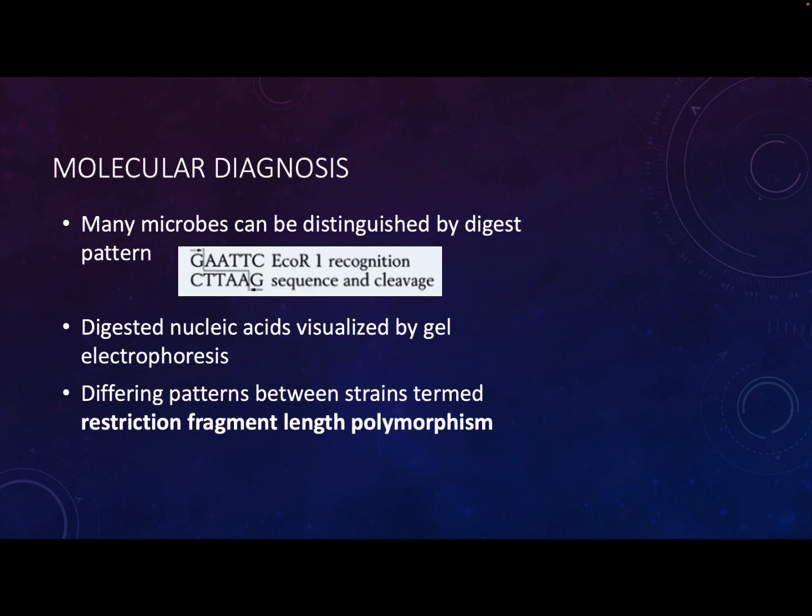If you have whole DNA, or even if you've done PCR and amplified a particular region of the DNA, what you will sometimes see is that different species or even different strains of the same species can have slightly different sequences in particular regions. And if you digest them with restriction enzymes, you see slightly different patterns. So we call this an RFLP, restriction fragment length polymorphism assay.